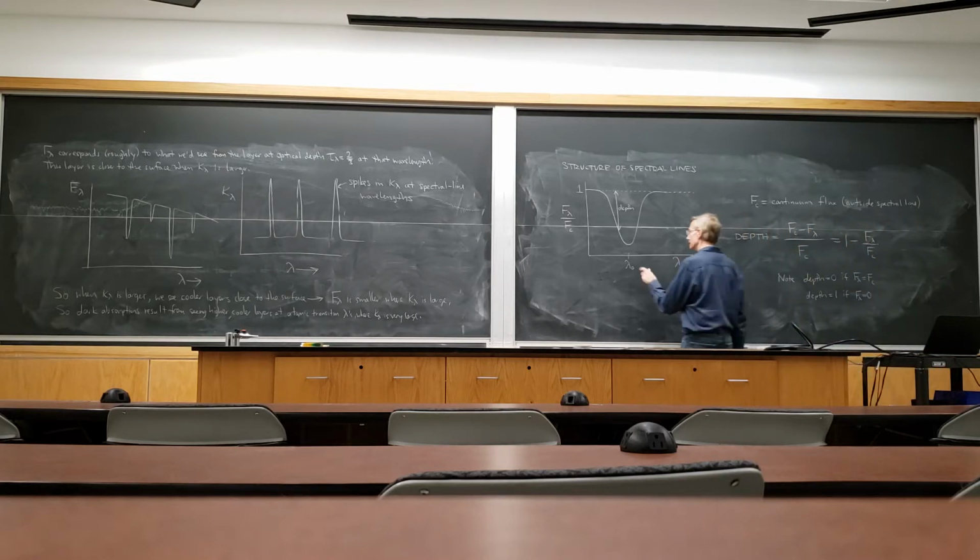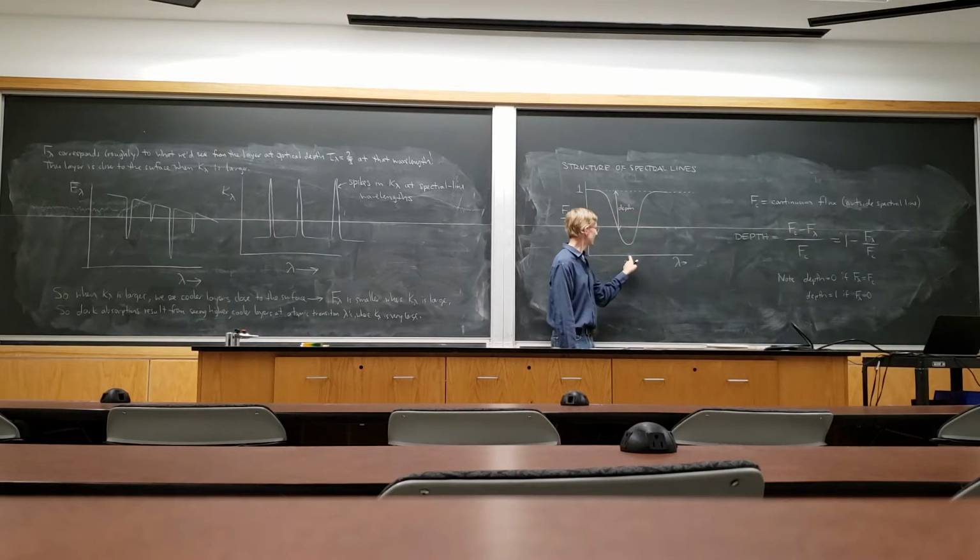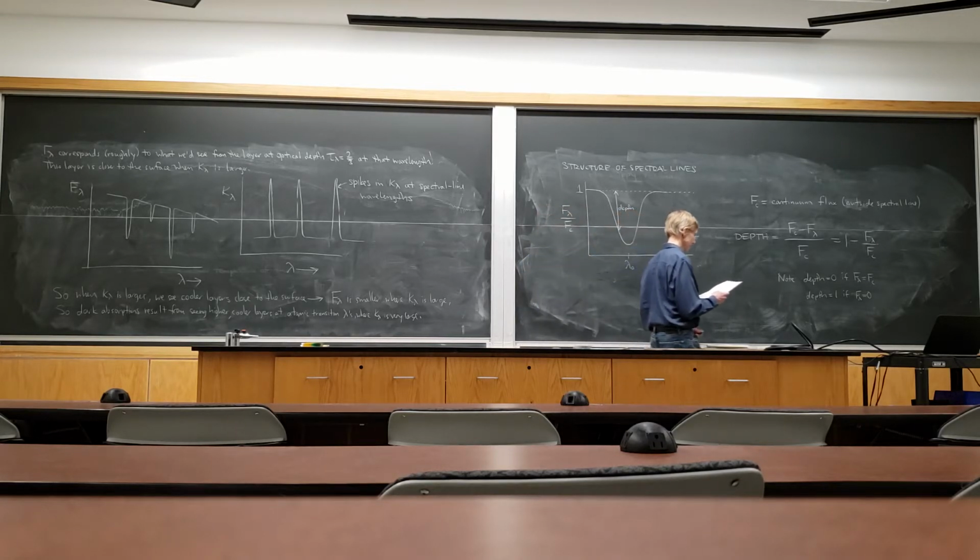In other words, it never is, but if the flux were all the way down to 0, then 1 minus 0 is 1 in that situation, and you'd be all the way at the bottom here. So you just read it off the scale. Here the depth is about 0.6, for example. Okay? So that's what we mean by the depth at a given wavelength.